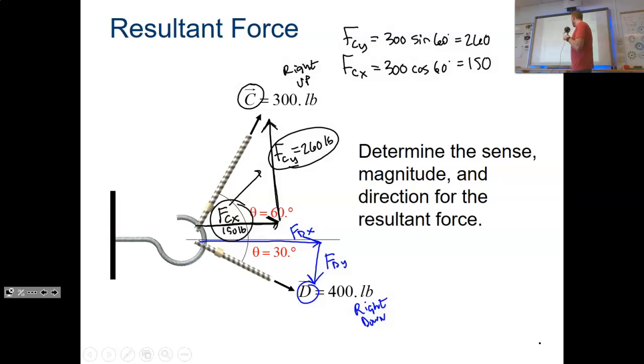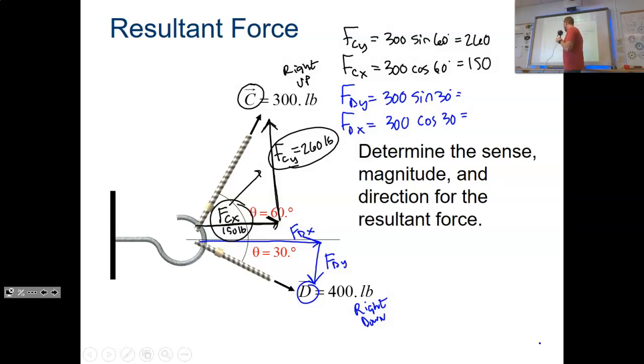Now, let's solve for our other ones. The force of D in the x direction. Well, I'll do it in the y direction first just to keep it in the same order. 300 times the sine of 30 degrees. And then the force of D in the x direction, 300 cosine 30.